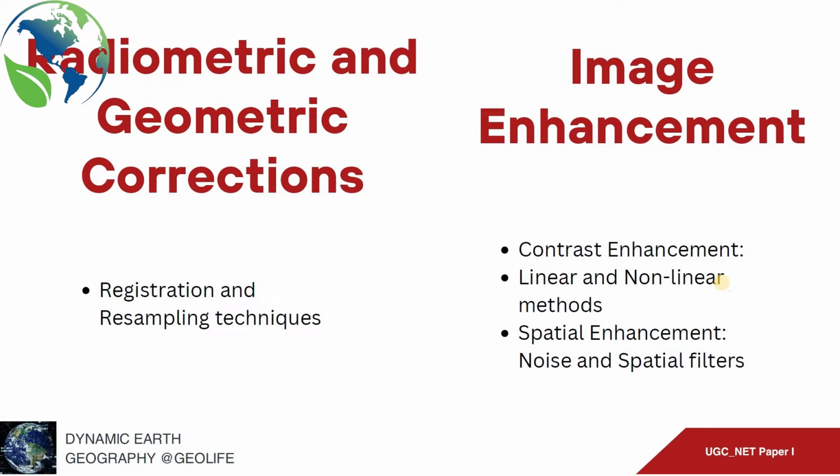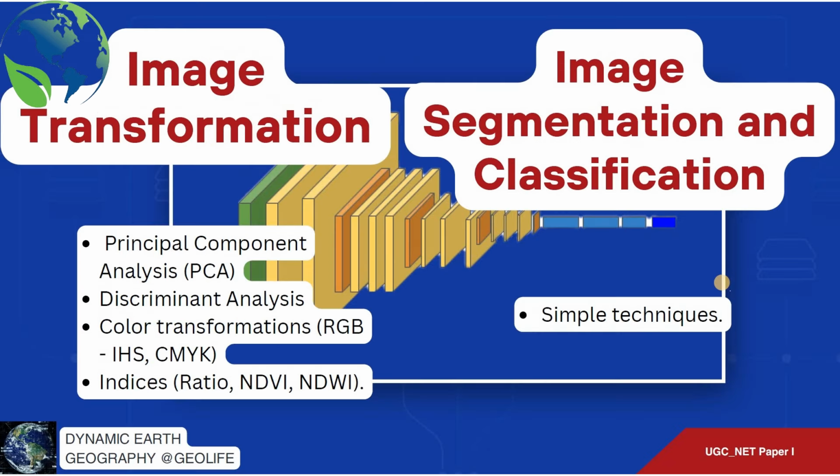And in image enhancement, we have contrast enhancement and linear and nonlinear methods. Then finally, spatial enhancement, noise and spatial filters will also be there in the image enhancement topic. And finally, image transformation and image segmentation and classification.